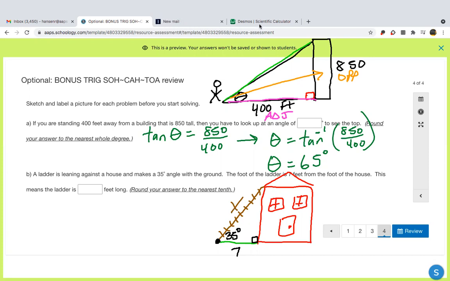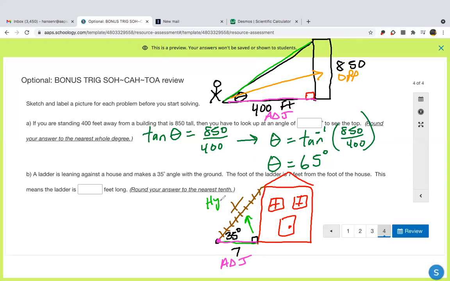So let's think about what's going on here. Our reference point is 35 degrees. What pieces do we have? Well, if we connect the reference angle to the 90-degree corner, we've talked ad nauseum that that's adjacent, and the incline or the leaning side that's across from the 90 degrees is the hypotenuse.